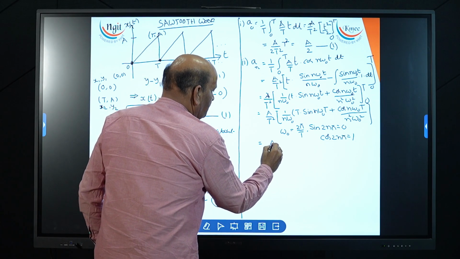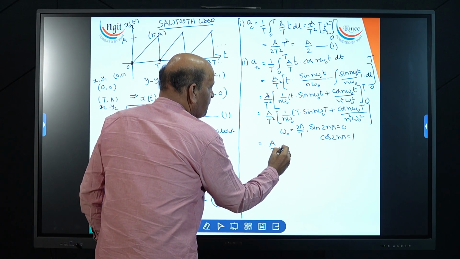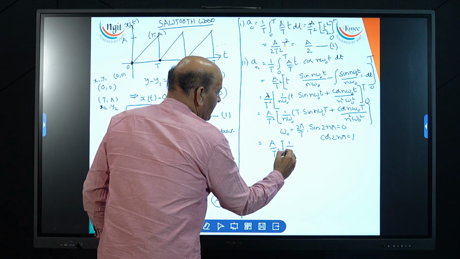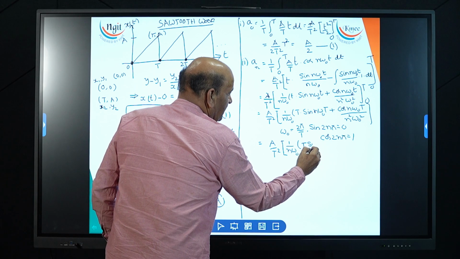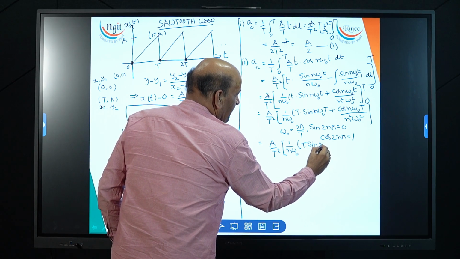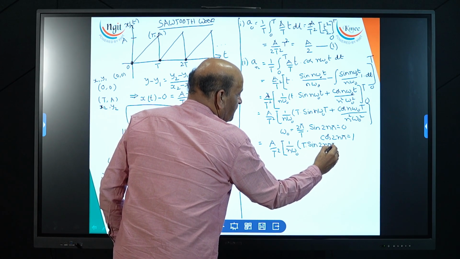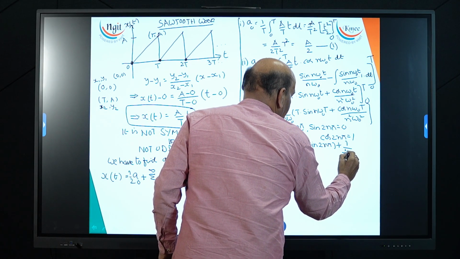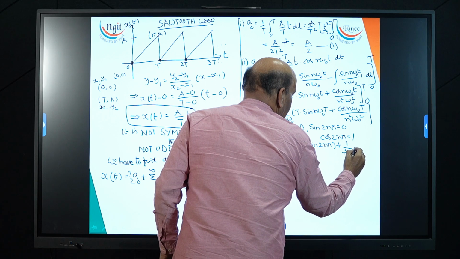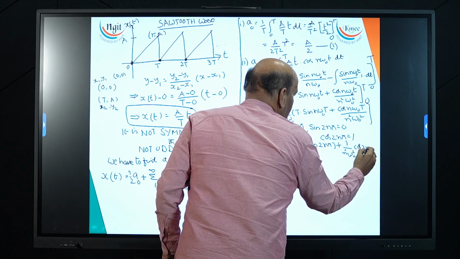This is equal to A by T square into 1 by n omega naught, here T, we will get sin 2n pi, plus 1 by n square omega naught square into cos 2n pi.